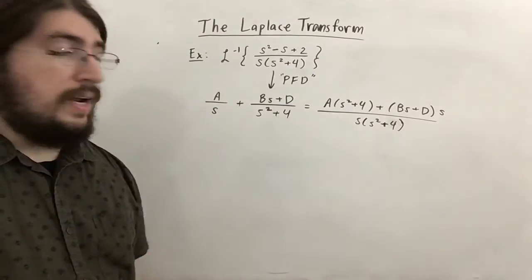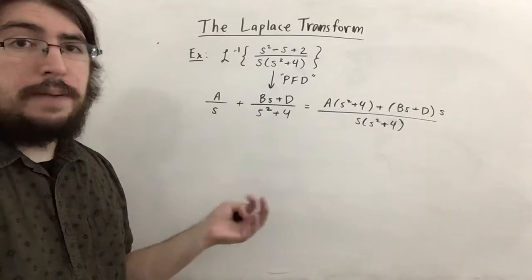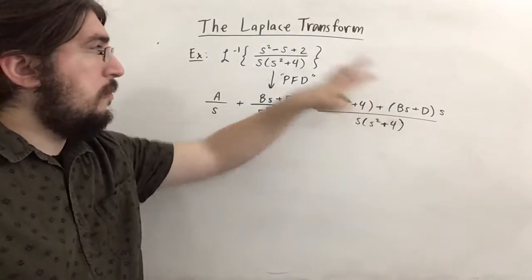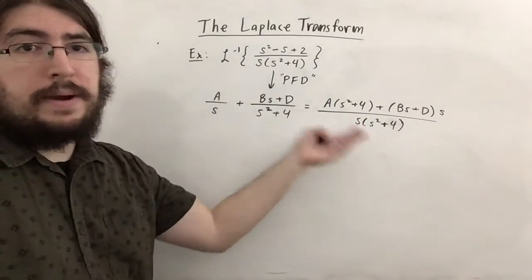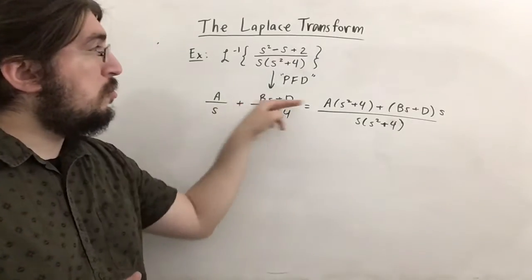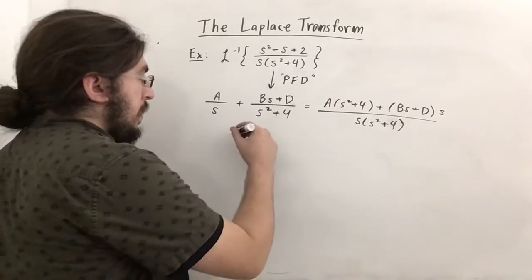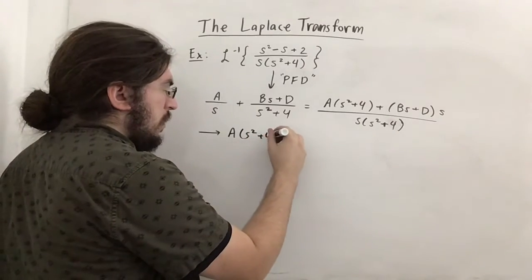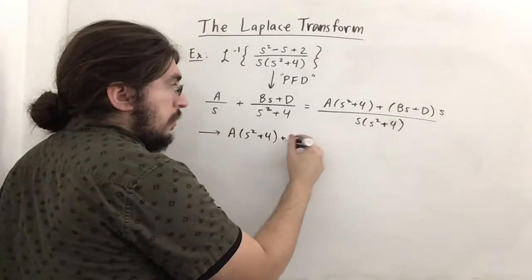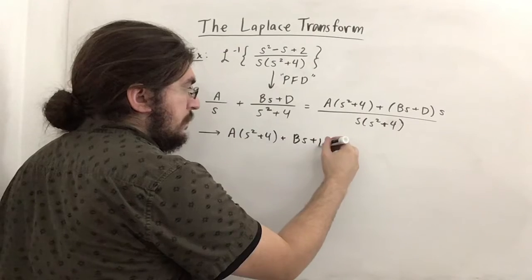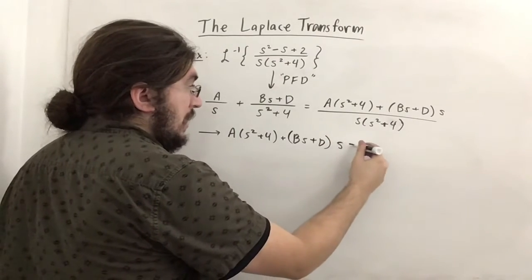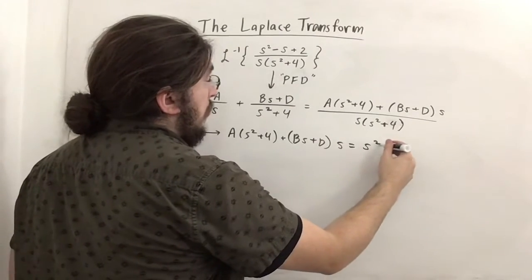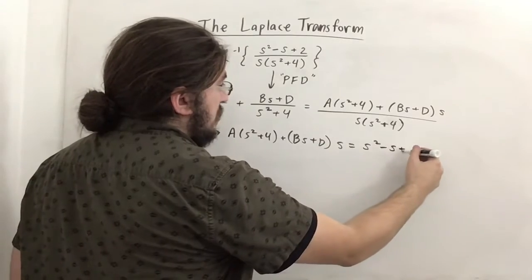So we have this finally. Now remember that if you compare this to the original fraction, the denominators will always be the same, so that means the numerator is what we're actually comparing. So we have the equation: a times s squared plus 4, plus bs plus d times s, is equal to the numerator s squared minus s plus 2.